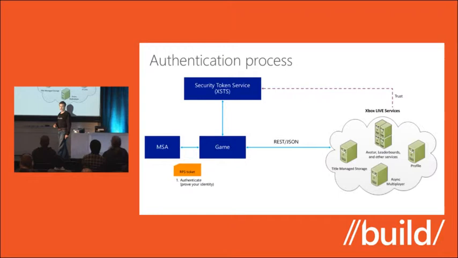The next thing is then I need to go and talk to XSTS. So XSTS is the Xbox authorization stack. And you can see we've established a trust relationship. So we've exchanged some certificates so the two systems trust each other. And I send that ticket as well as some other magic ingredients that we pull on the machine to make sure that we actually have proof of purchase checks.